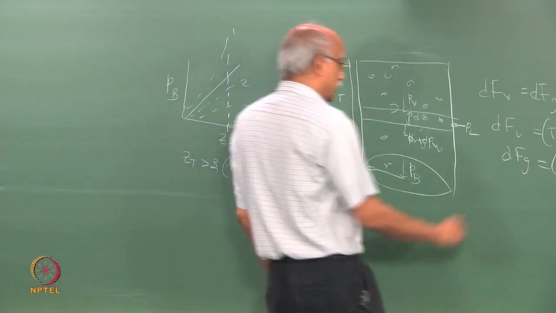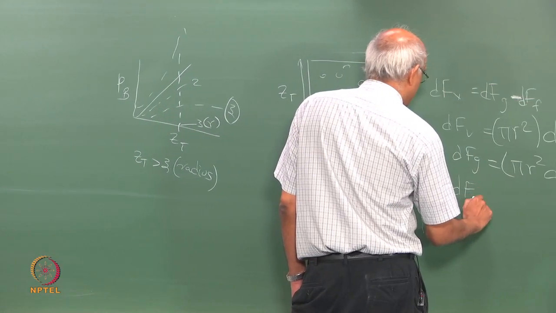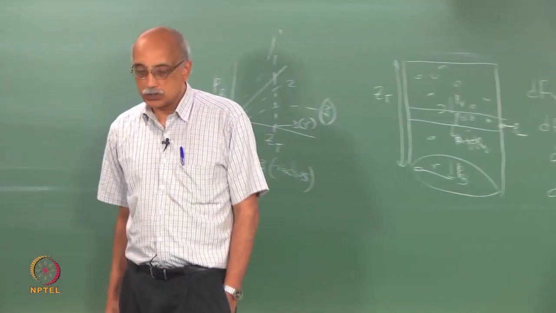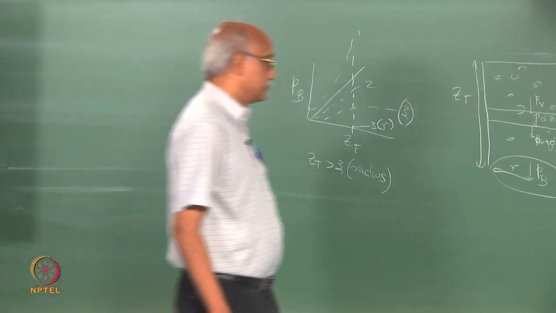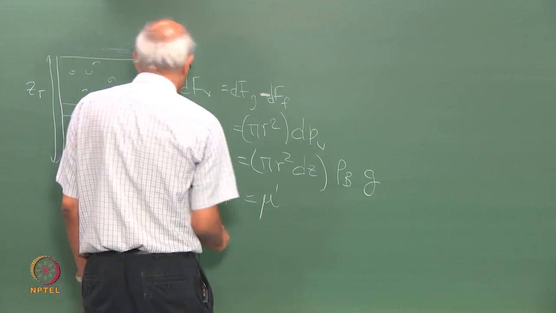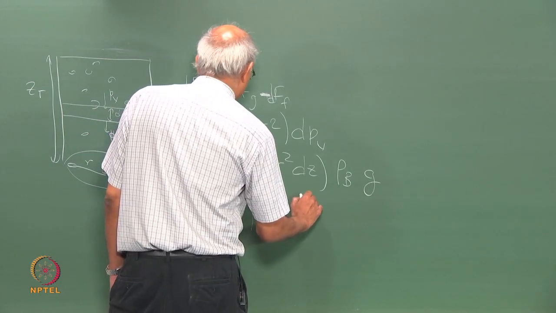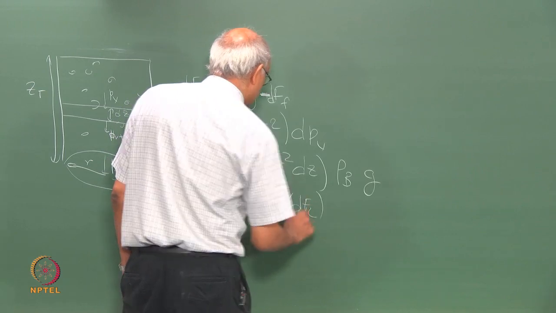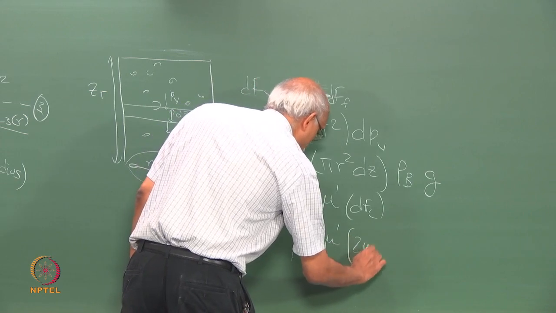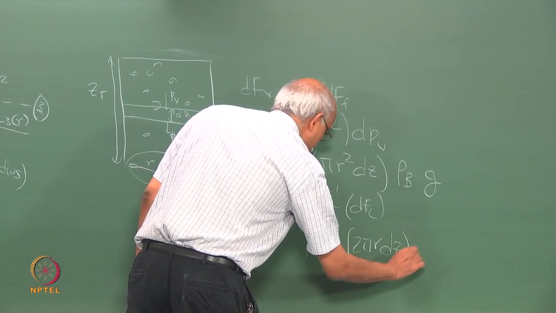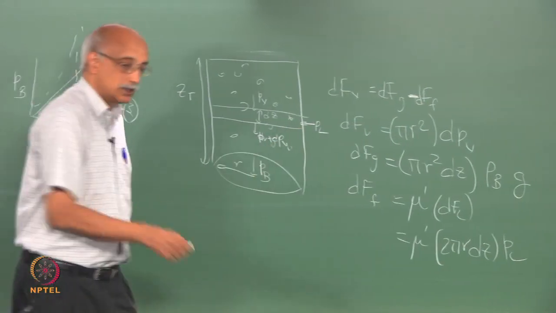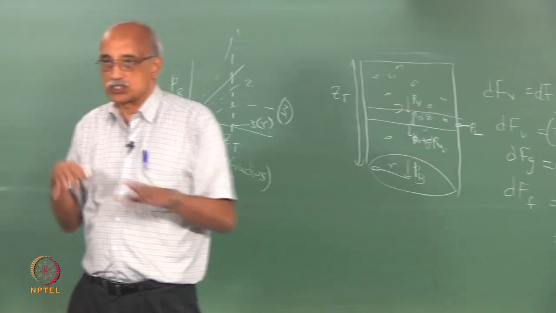And what is dF frictional? Now, here you have to introduce a coefficient of friction, let us call that some mu prime times dFL, which is equal to mu prime times 2 pi r dz times PL. So, the assumption is this PL, the lateral force is uniform across this section dz.